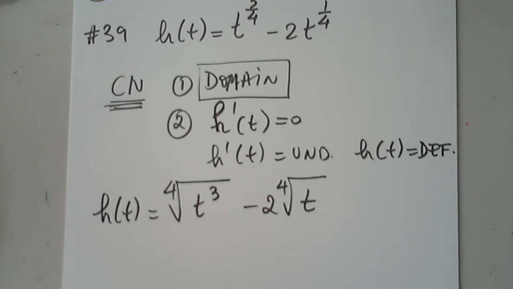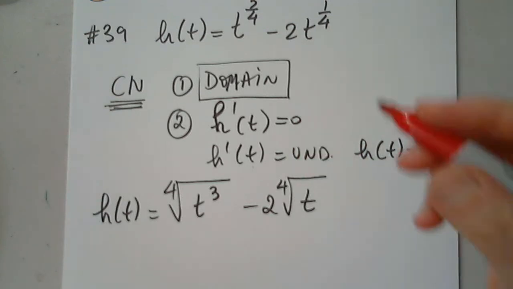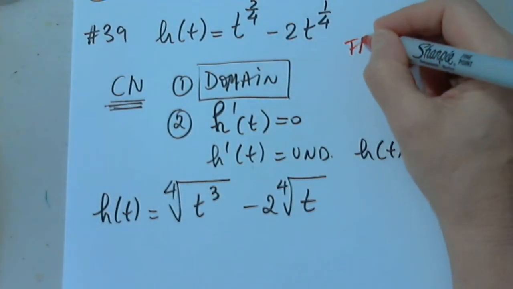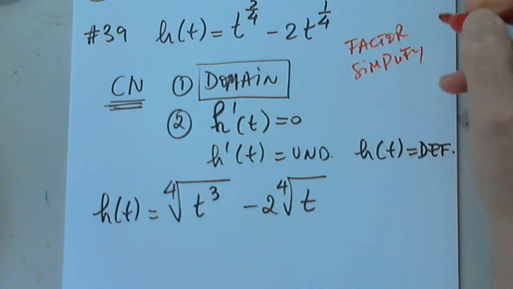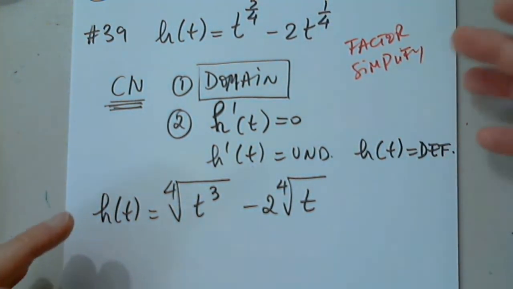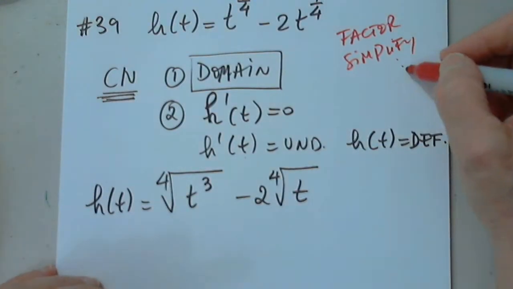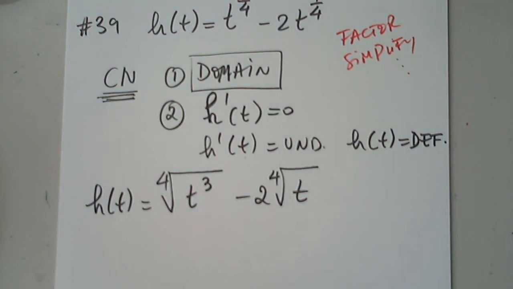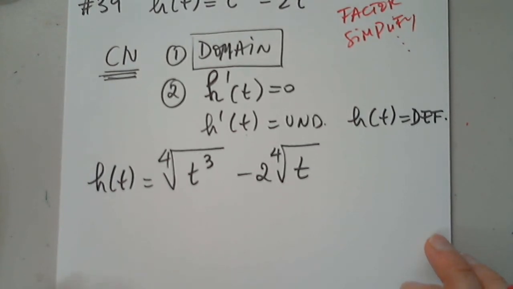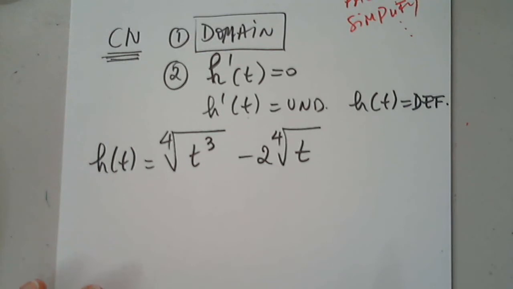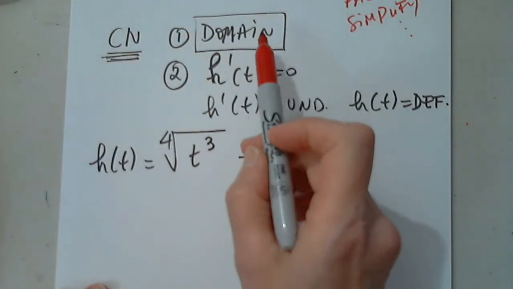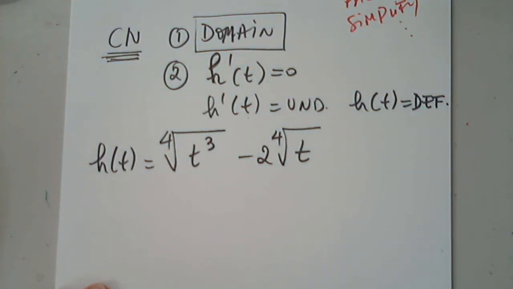And the most important keywords in math, in my opinion anyway, are factor and simplify. Okay, no negative exponents, etc. So there are many more, but at least factor and simplify. I could factor out, I could try to simplify, but for now I'm only interested in the domain.